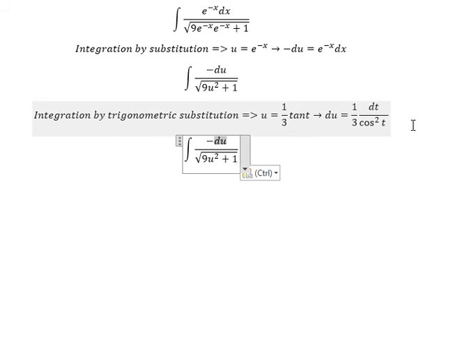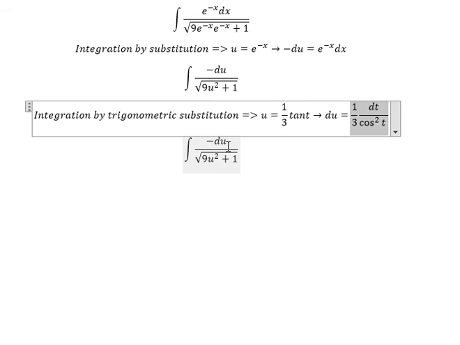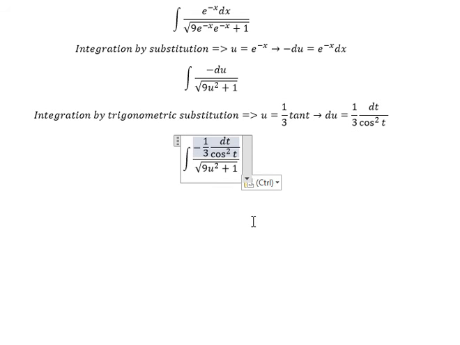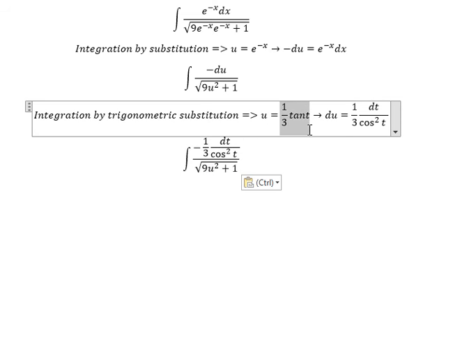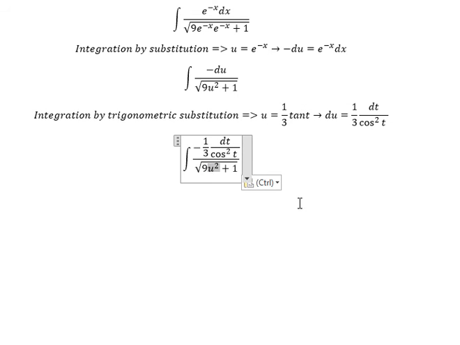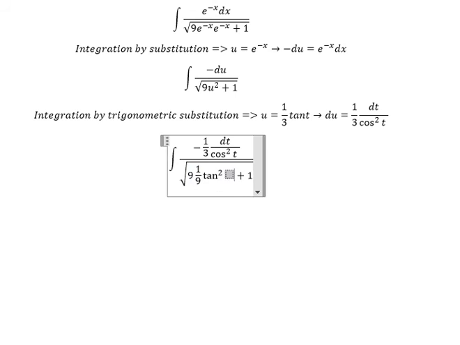So du we change for this one, u square we change for this one, and you will get 1 over 9 tan t square.